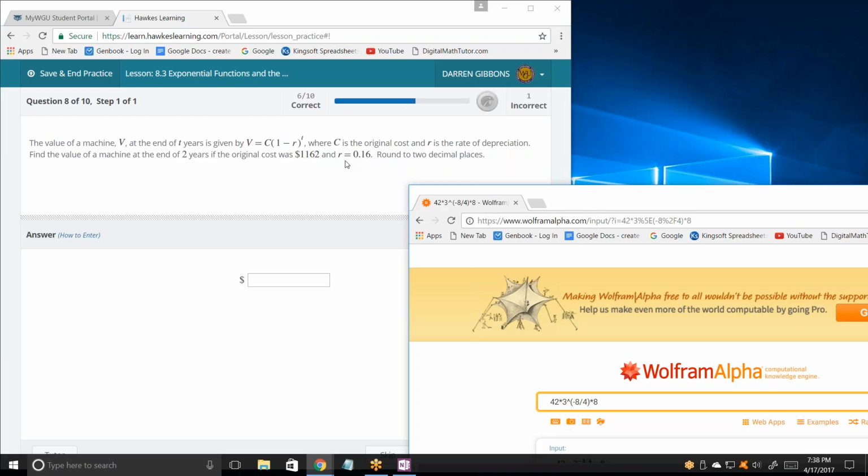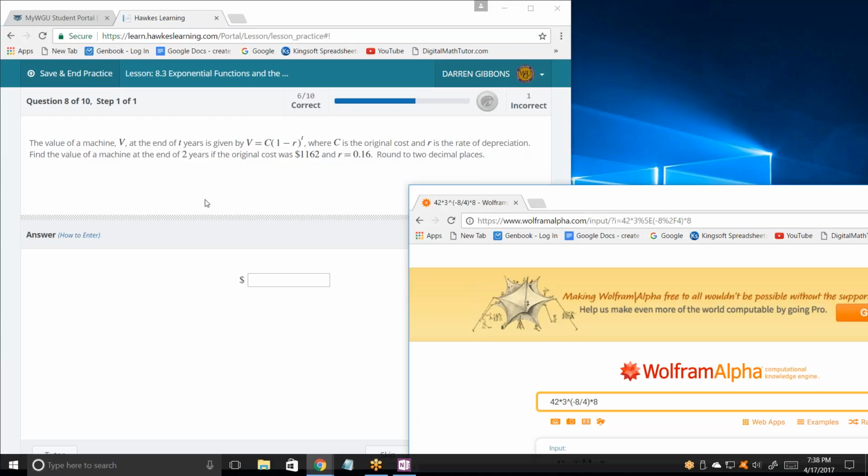So hang on, let me try and do this one. Okay. So the value of the machine at the end of 2 years, if the original cost was 1,162. So it would be 1,162 times 2 to the power.